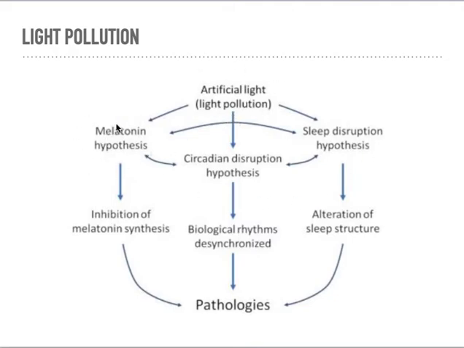For example, you have this hormone, melatonin, that is associated with sleep, and you're going to change how much of this hormone you produce. And also you have some cycles for sleeping, called the circadian cycles, and you're going to change those cycles because you're not going to sleep when your body wants or needs to sleep.